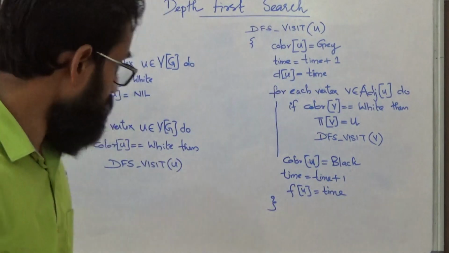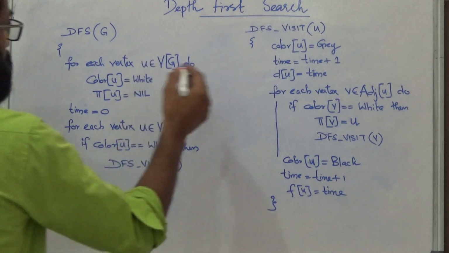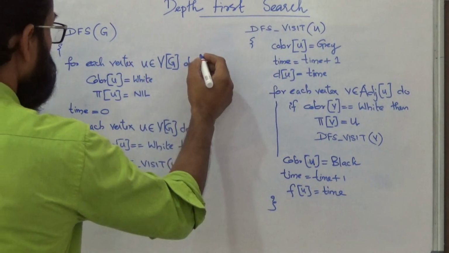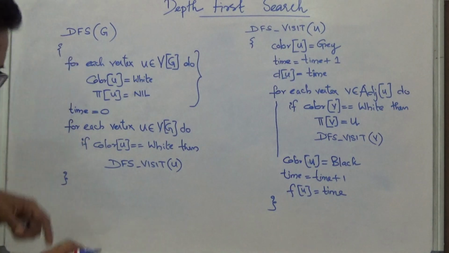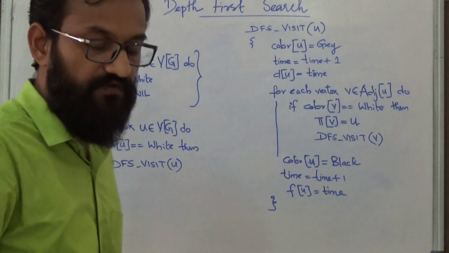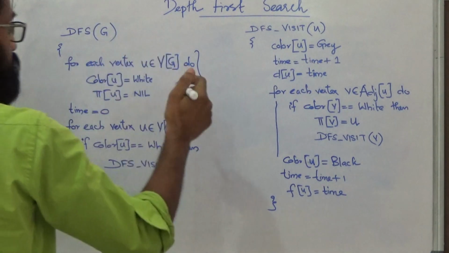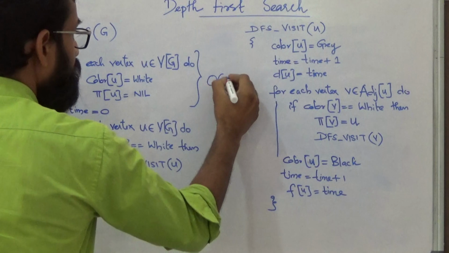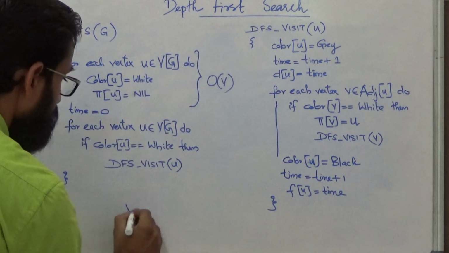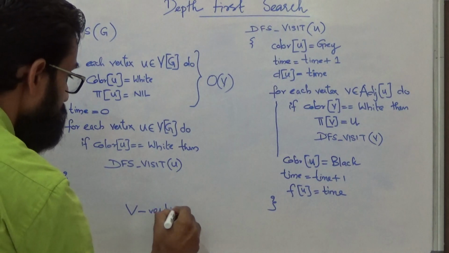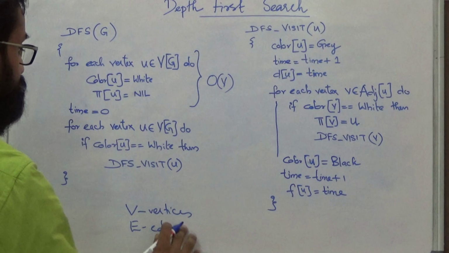Okay. Now you can move on to the analysis part. If you consider this particular loop, you can first analyze the DFS algorithm. Here also you are performing aggregate analysis. So total cost for this loop will be order of V. We assume that our graph is having V vertices and E edges.